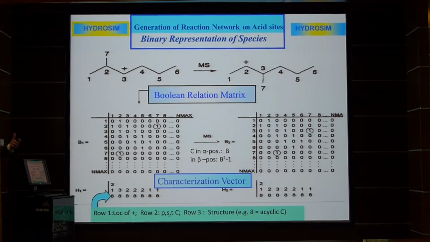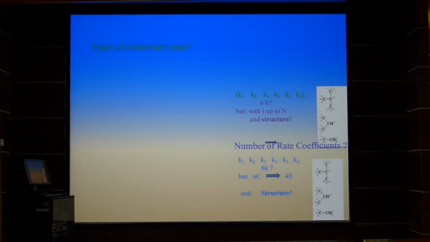You call number 1, and then you have a second row here, so that characterizes the molecule or ion that you are dealing with.